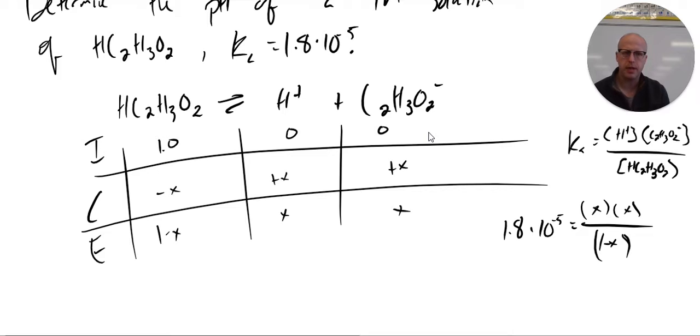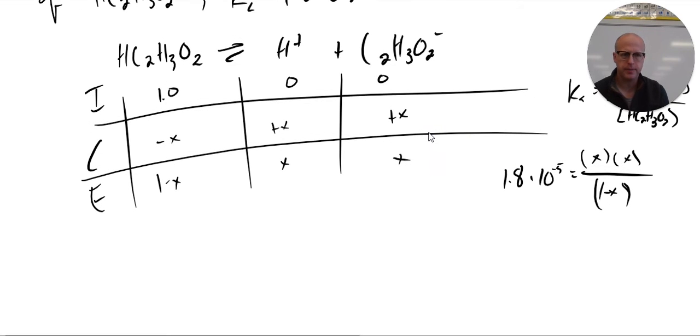Now, we're going to do something, and some of you asked me about this in class. If you were to solve this, what you'll notice, you'll have an x squared term over an x term. So if you were to factor it all out and everything, you'd have a quadratic you'd have to solve. But there's something that's called the 5% rule.